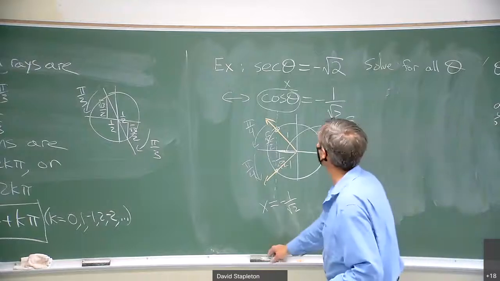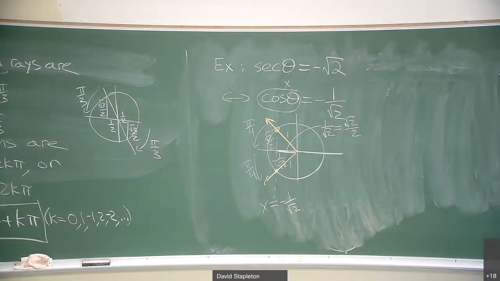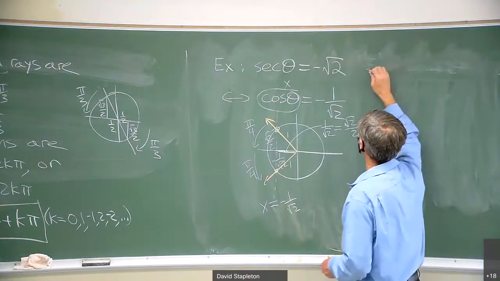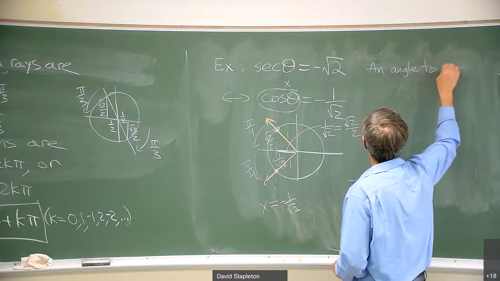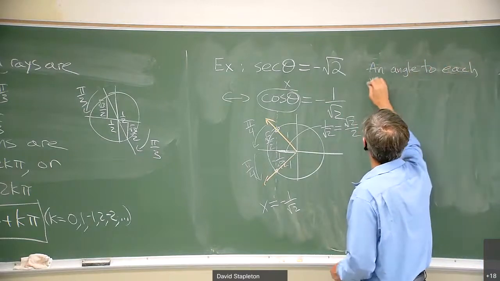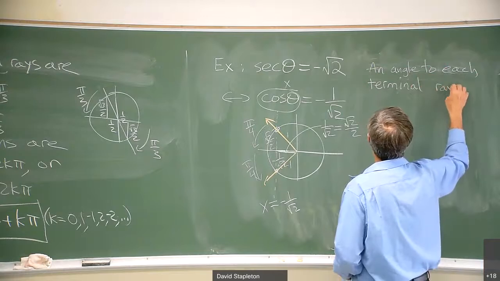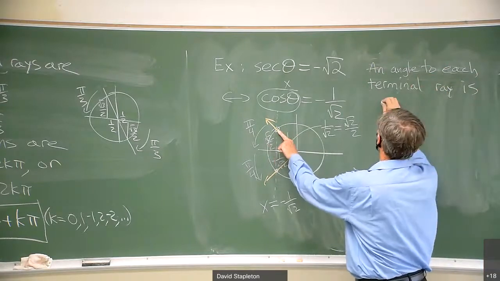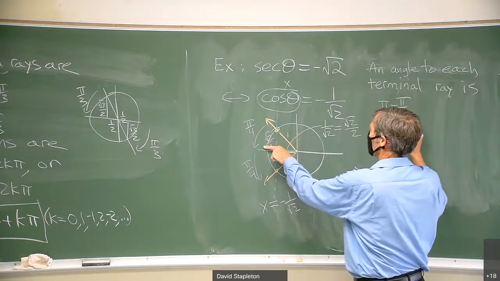That being figured, we can now figure all angles, right? Those are all terminal rays of those two that I drew. So an angle to each is, well, pi back up pi over 4, and pi move forward pi over 4.